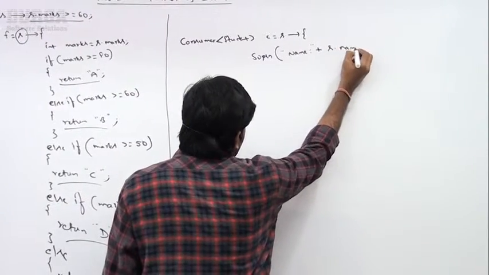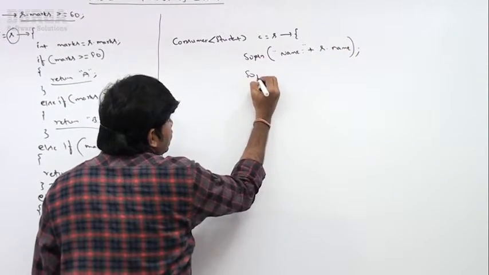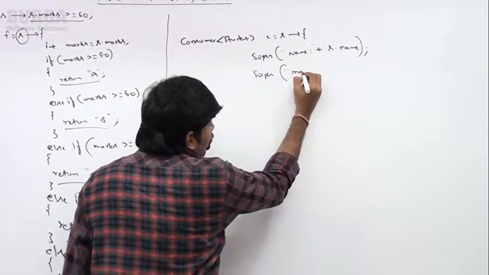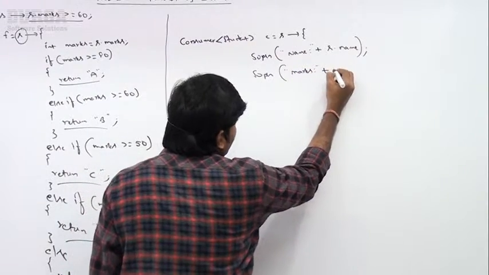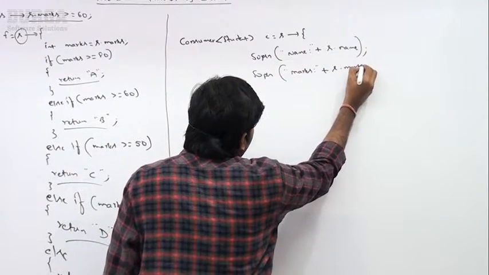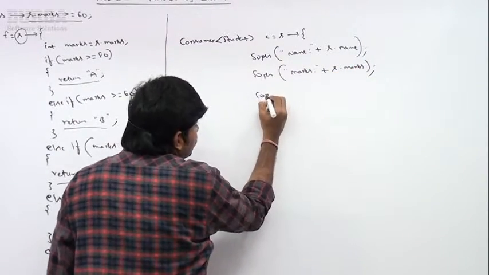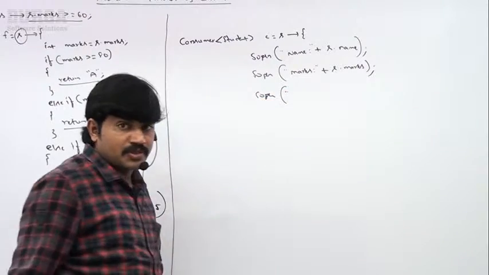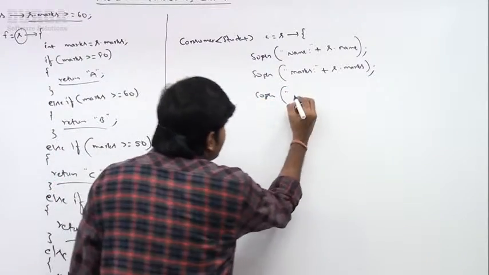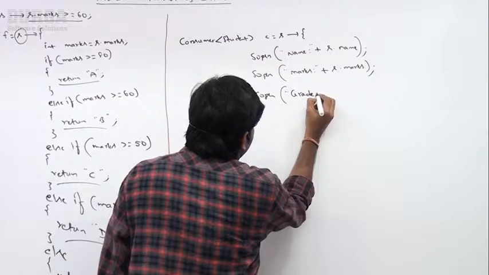Yes, sir, dot name. Next, System.out.println, marks of the student. Are you getting? s dot marks. Like this I'm taking. System.out.println, name of the student, marks of the student, and then grade of the student.